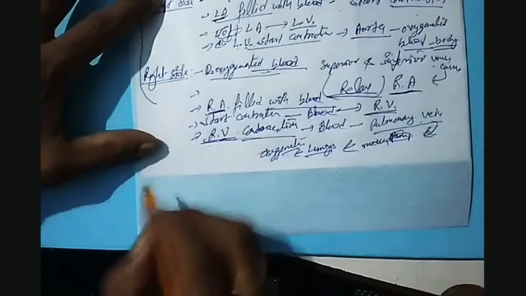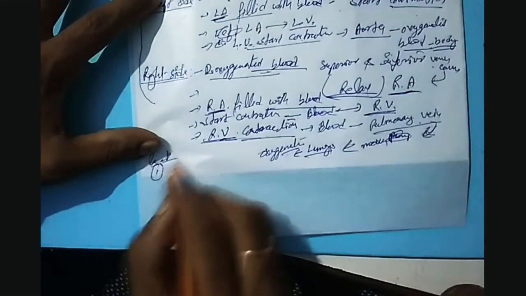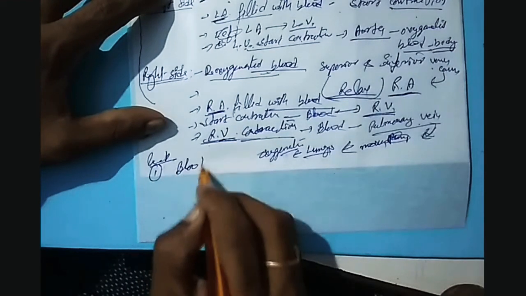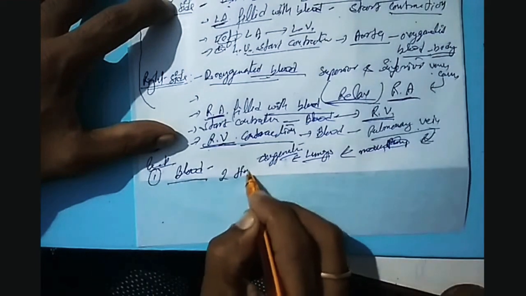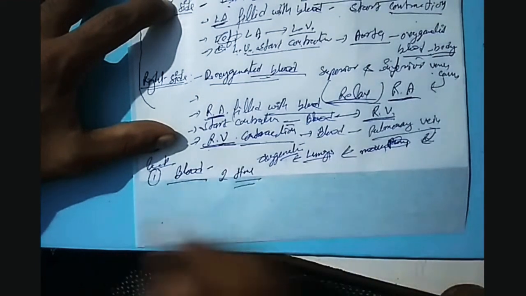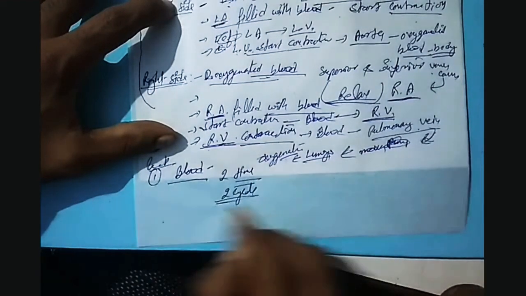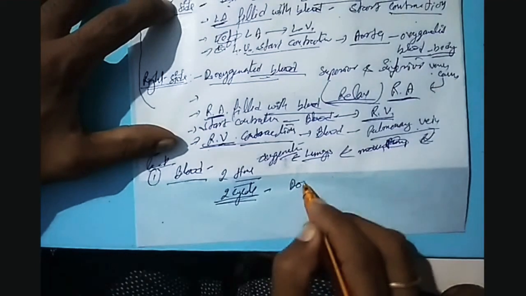Here the important and interesting thing is that blood comes into the human heart 2 times, or it moves in 2 cycles. That is called double circulation.